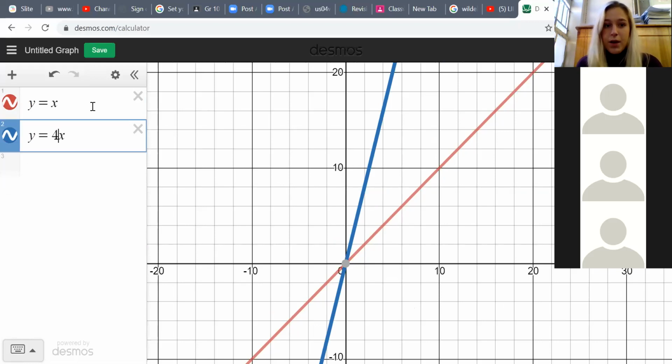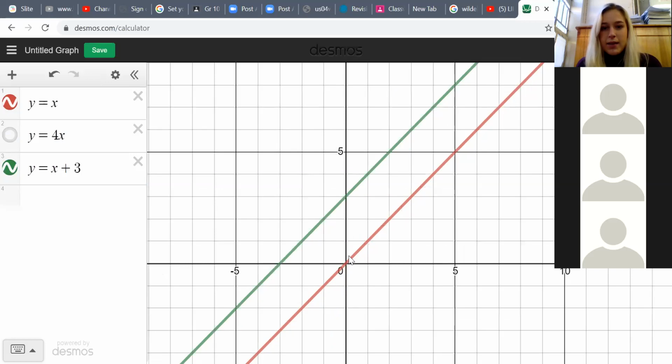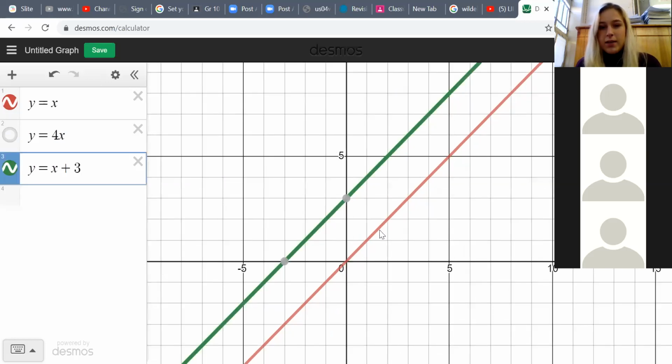Let's see what happens when we do y is equal to x plus 3. I'm going to take this one away. We can see that y is equal to x has the exact same gradient as y is equal to x plus 3, but it goes through (0, 3) on the y-intercept.